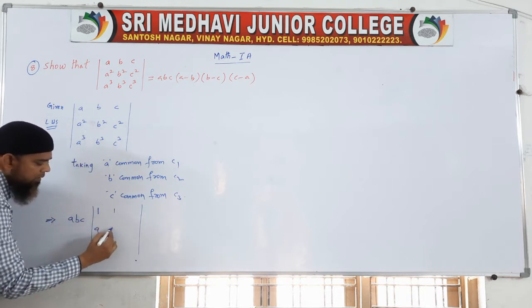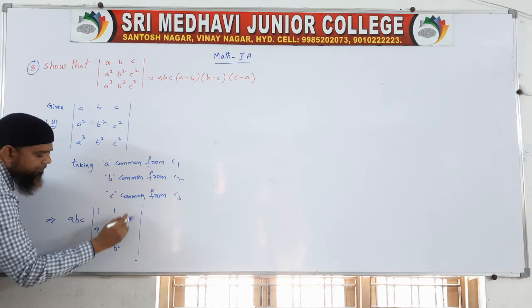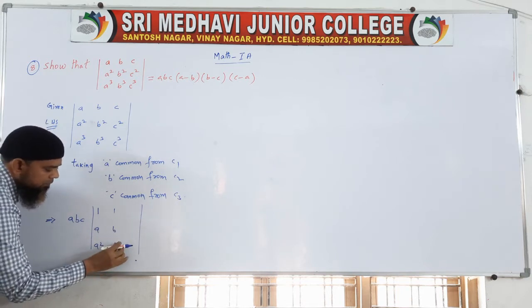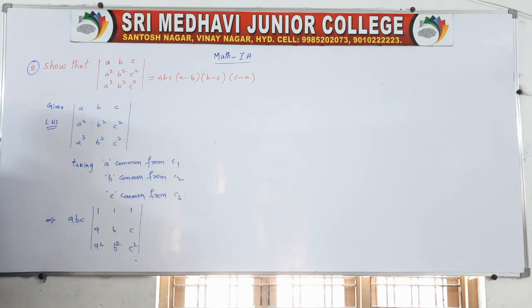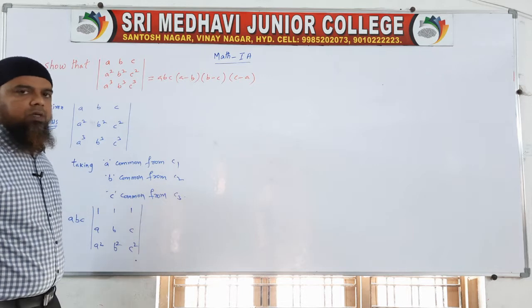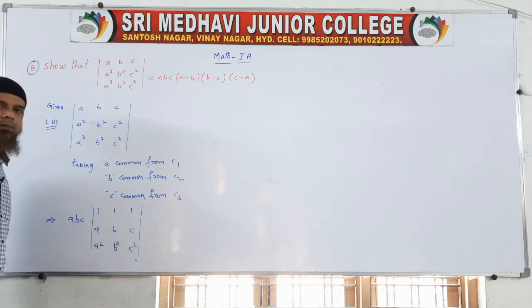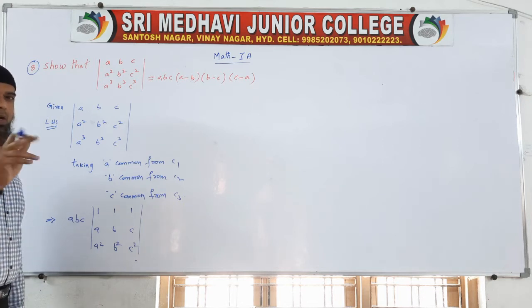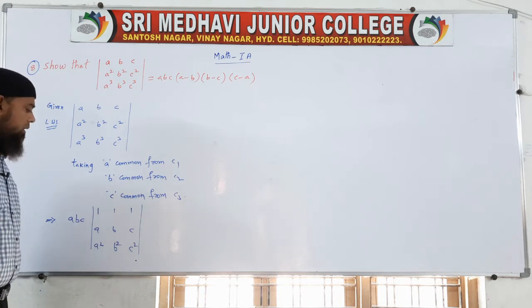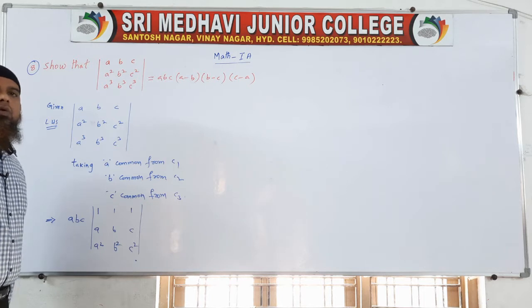Now, similarly, 1, b, b square, 1, c, c square. Already I said to you, whenever you are getting ones in the determinant, in the previous problem we had ones in the column, so we did row operations there.